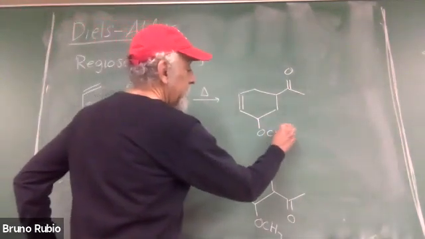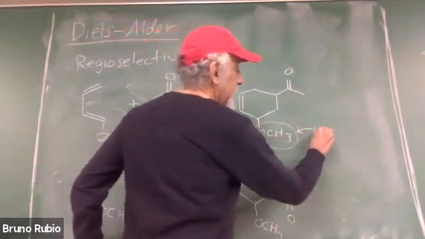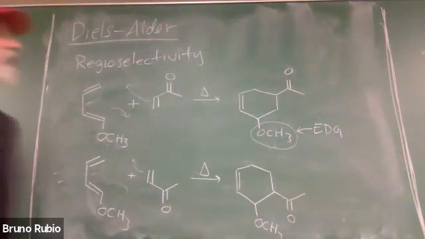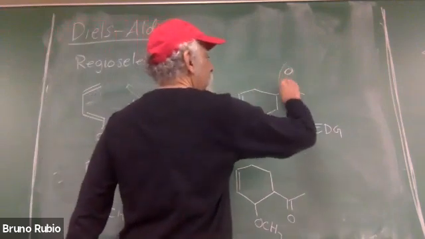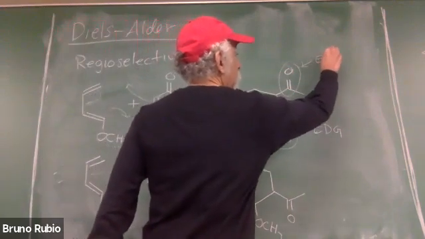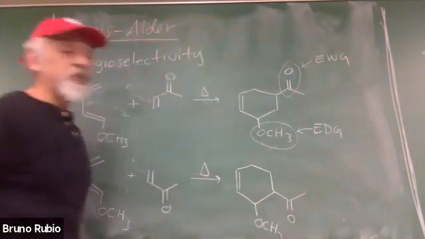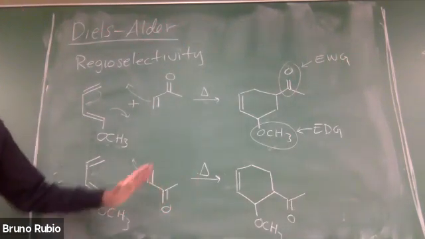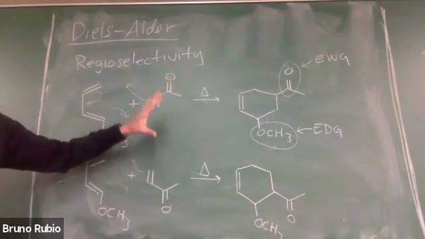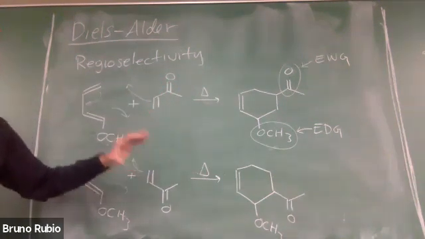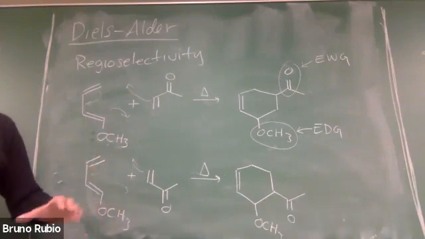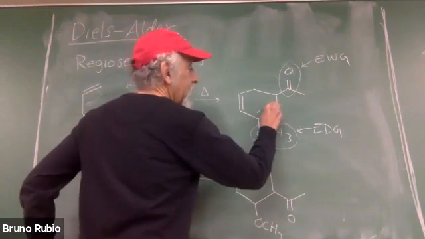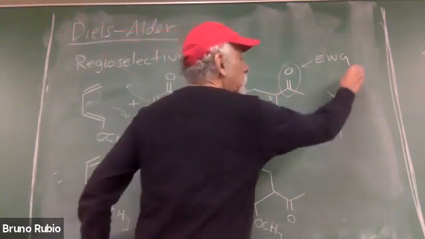This guy here is the electron donating group of the diene. This guy here is the electron withdrawing group of the dienophile. So the preference is for the product to have a 1,2 or 1,4 orientation of these two pre-existing groups. This one has a 1,3 orientation.